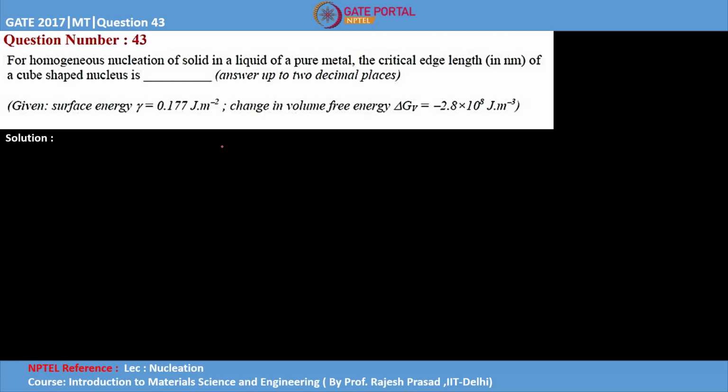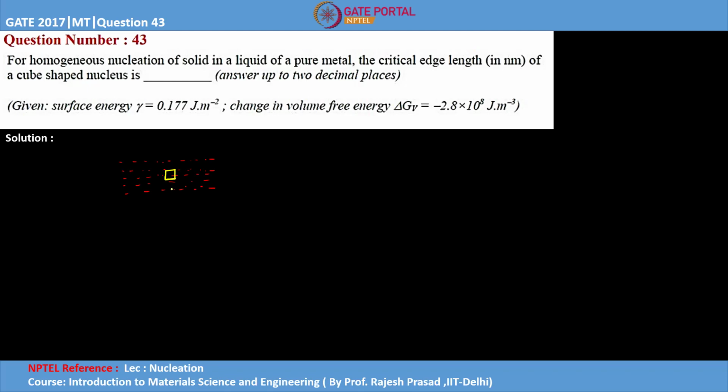Now to solve this problem, let's say we have a liquid metal which is going to cool and form a solid nuclei inside it. So let's say this is our cubical shape nucleus which is forming inside a liquid pool, right?